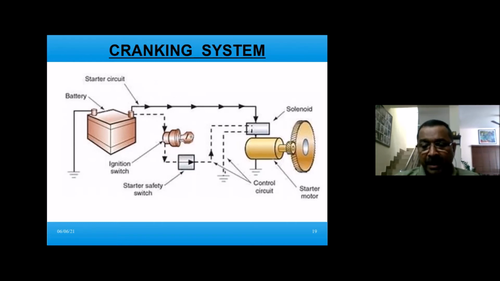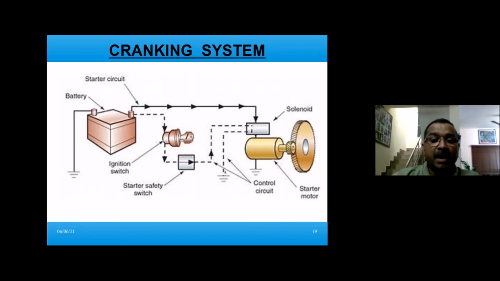Then power strokes will be generated inside the cylinders, the cylinders will give out power, and the engine will pick up speed and give out more and more power. So initially you have to rotate your crankshaft to a particular RPM. That is what is called the cranking system.